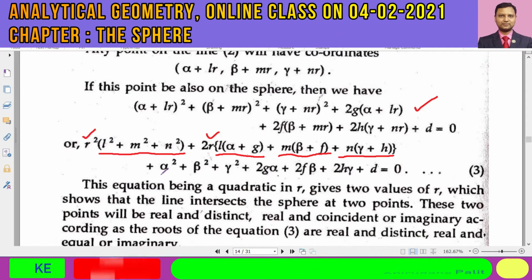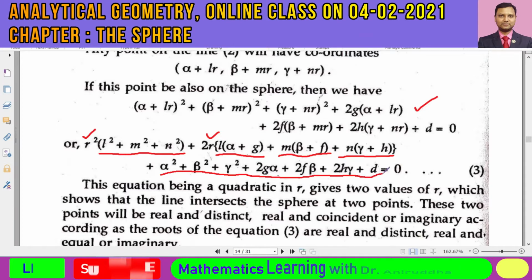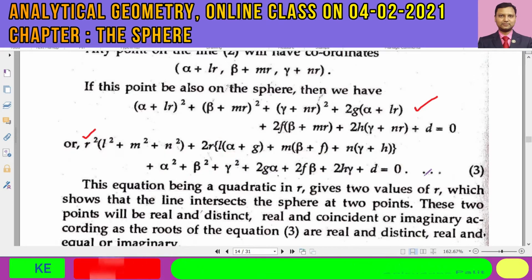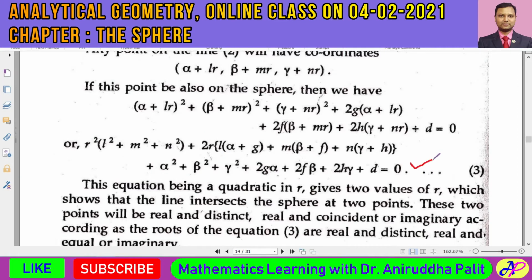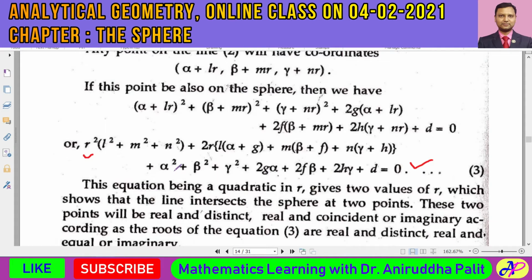And the remaining quantity would be the constant term, that means it is free from the variable r. So we observe that this equation number 3 is actually a second degree equation involving the parameter r, and so it may have at most two real roots.